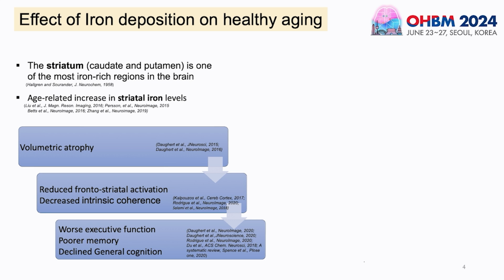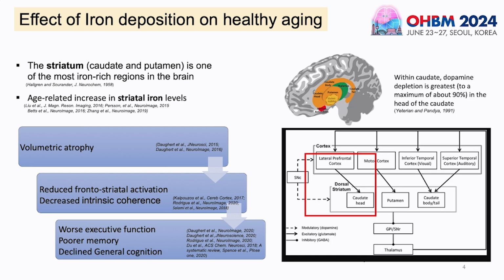Previous QSM studies demonstrate an age-related increase in striatal iron levels, and cross-sectional studies report that high iron levels in the striatum, especially in the caudate, were related to volumetric atrophy, reduced frontostriatal activation and intrinsic coherence with the striatum, as well as decline in cognitive performance.